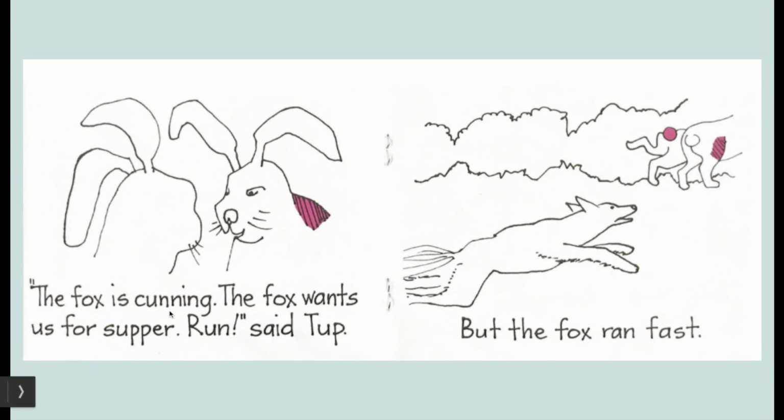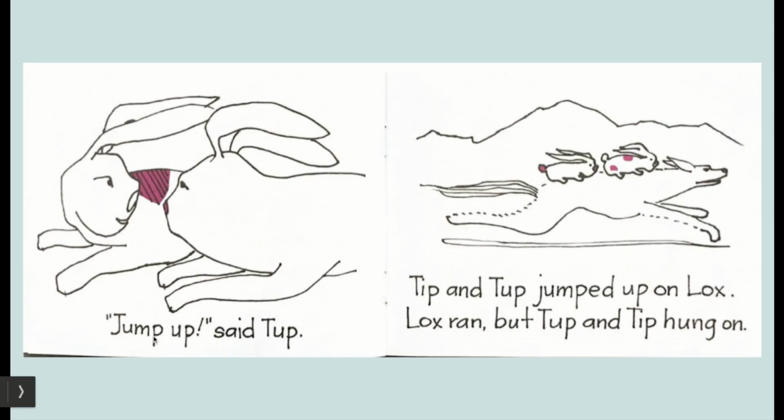The fox is cunning. The fox wants us for supper. Run, said Tup. But the fox ran fast. Jump up, said Tup. Tip and Tup jumped up on Lox.